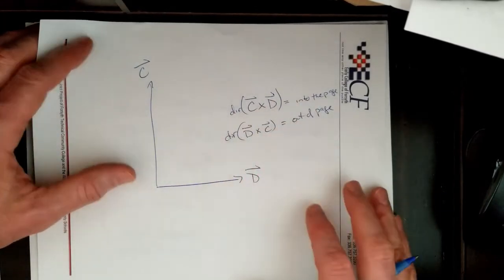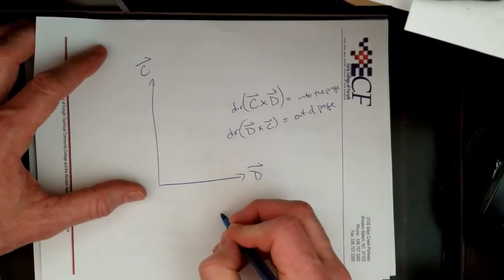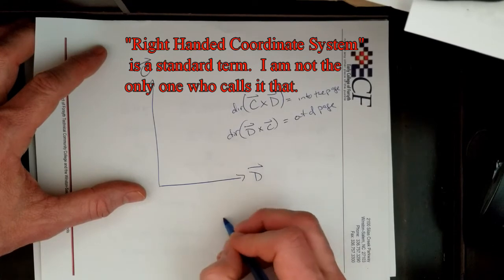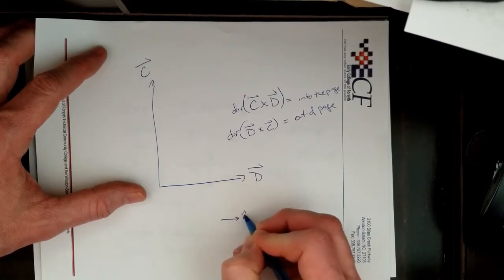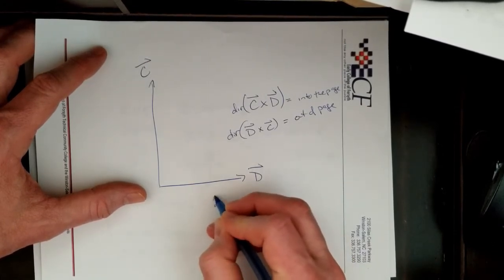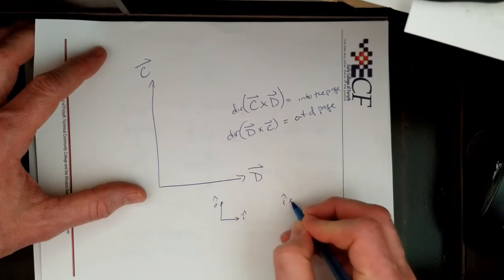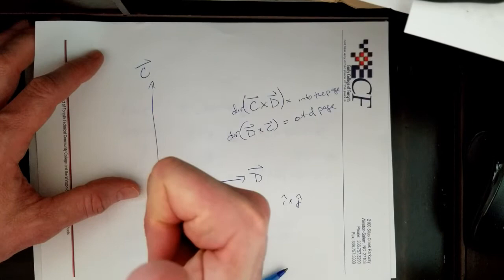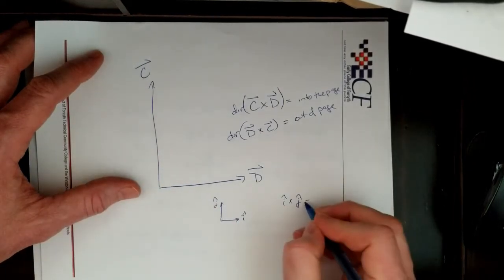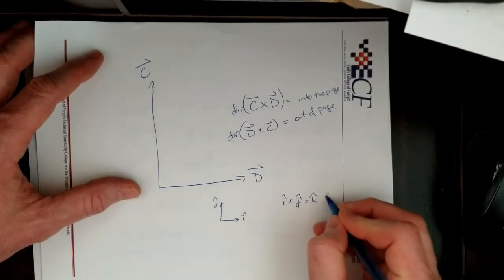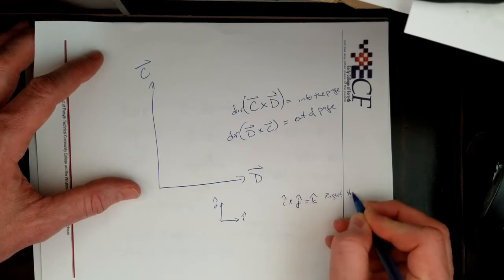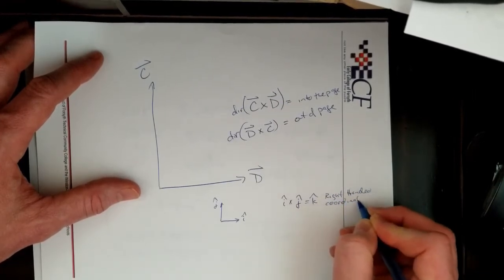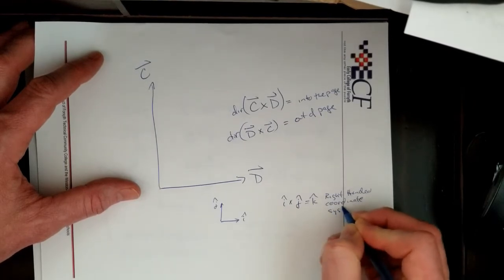Now, in terms of this, there is what I refer to as the right-handed coordinate system, and I've made reference to it before. If I have I that way and J that way, then I cross J points upwards, I cross J equals K. This is a right-handed coordinate system.